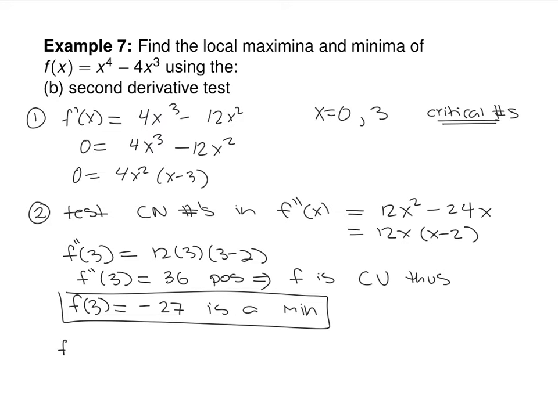What about the second derivative at 0? What's that going to be? Zero. And when that happens, this means the second derivative test fails, and you can make no conclusion.